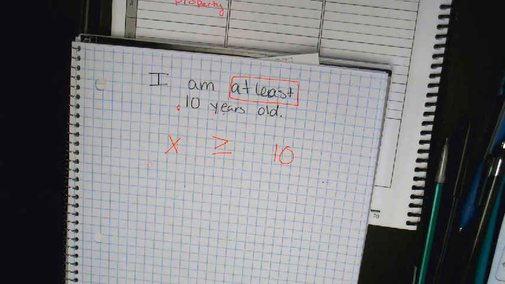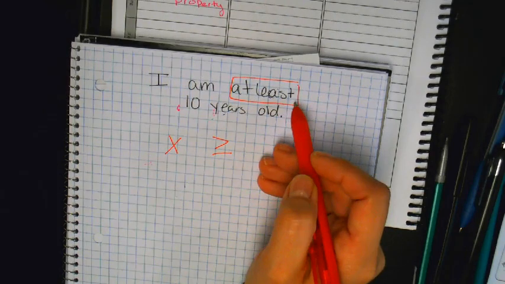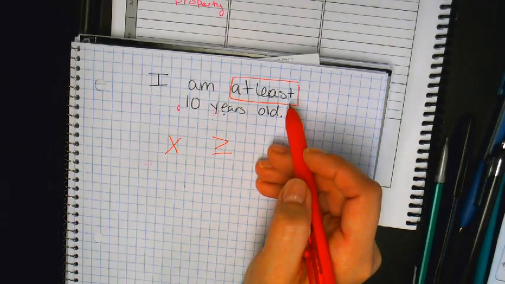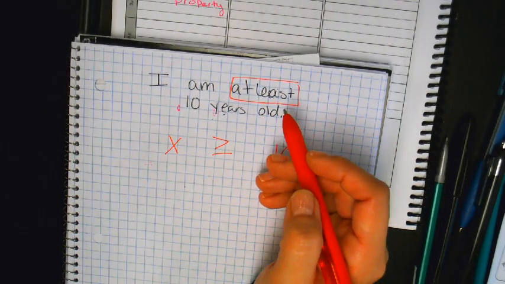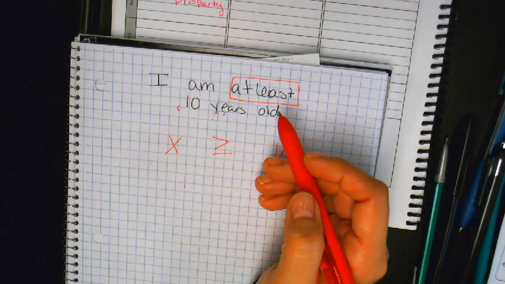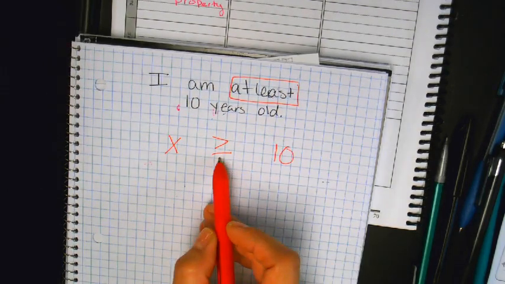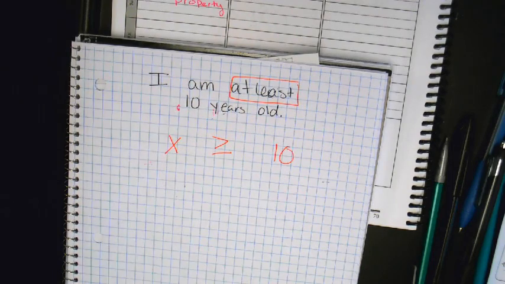And of those who were replying to me, half of you went one way, half of you went the other way. So at least, that's like minimum. I'm at minimum, and everybody in this classroom, minimum is 10 years old. You're all above 10. Can you be equal to 10? Yes, at least. You have to be at least 10 years old to watch this movie, for example.